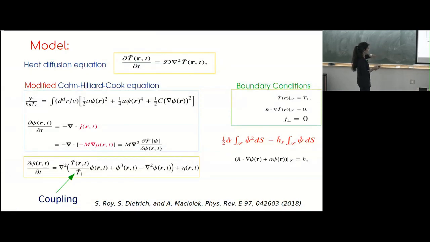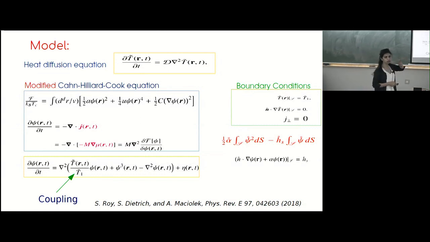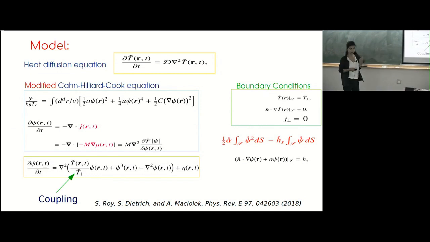Then if you do just a few steps, you finally get this expression where you can express the time dependence of the order parameter in terms of the terms appearing in the free energy. Now the thing is, this usual Cahn-Hilliard approach is done for an isothermal system, where the temperature is the same everywhere in the system. But since we have a temperature gradient, how do we take care of that?